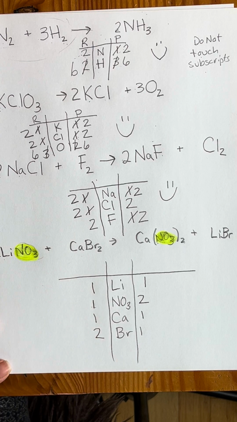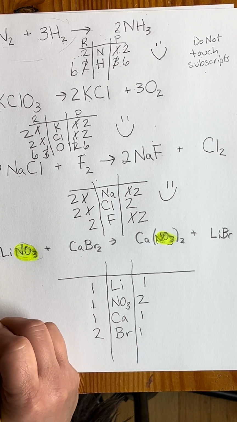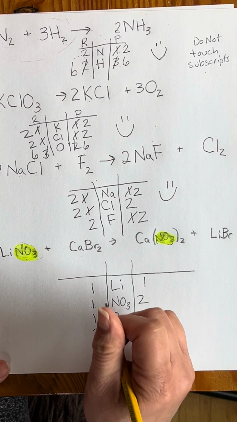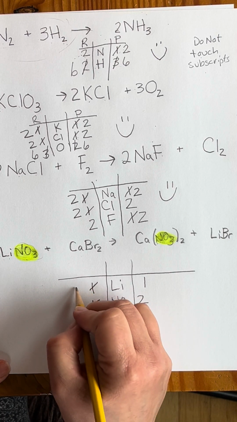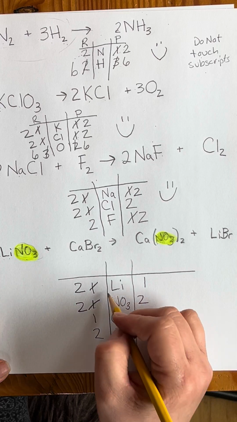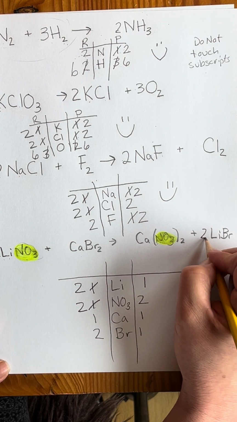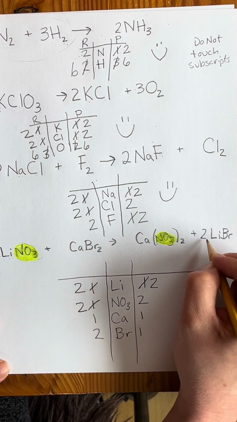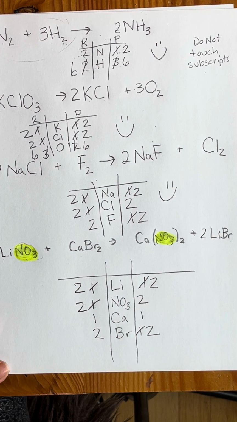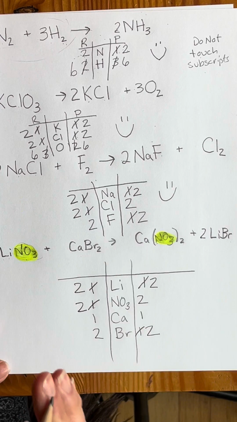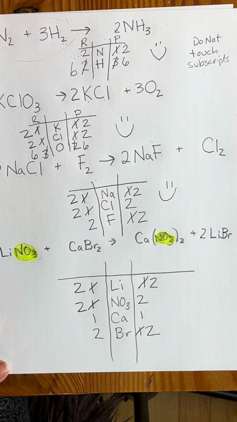So we're gonna put a 2 right in front. Now we have 2 turkeys here, 2 nitrates here. But we also now have 2 lithiums. So we have to go back and fix our lithium. So let's put a 2 in front of there. Now we have 2 lithiums, but now we also have 2 bromines. Oh, look at that. It happened again. Just by fixing something, we fixed something else by accident.